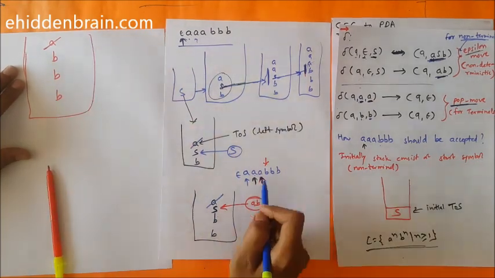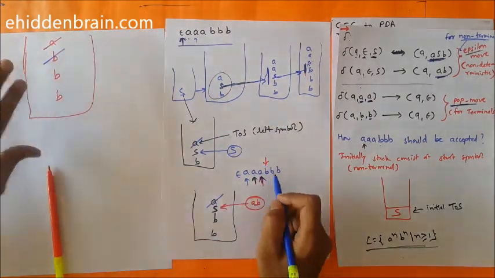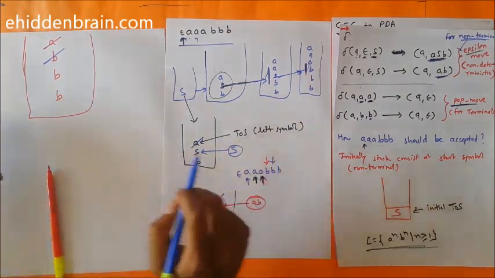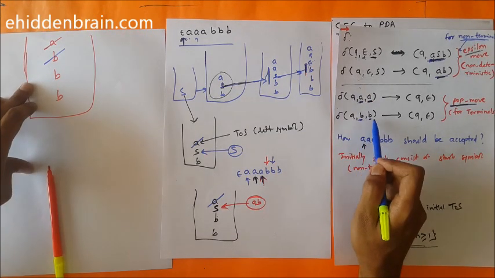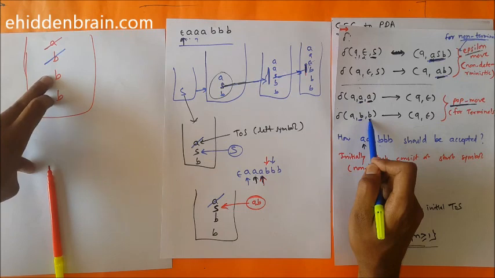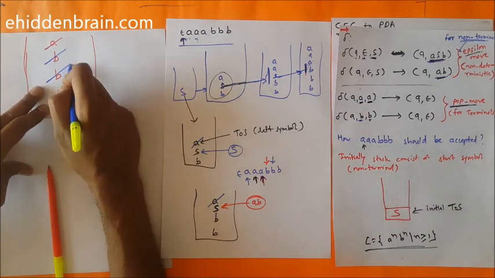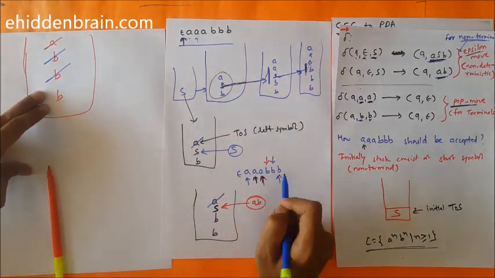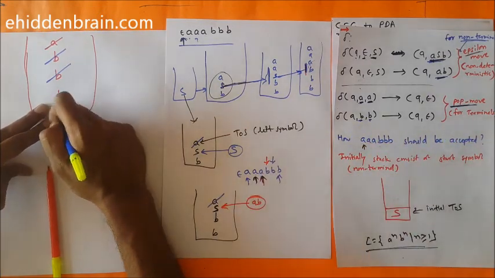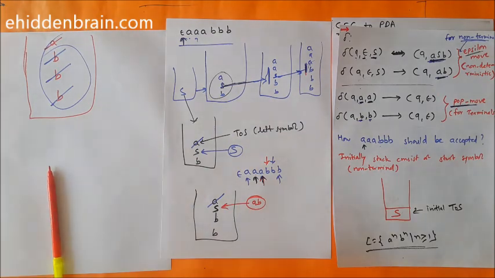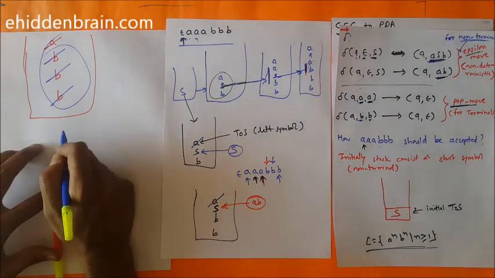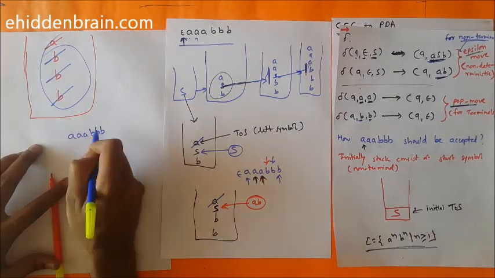So for this B, this will be popped, and the pointer goes to the next B, the second B. Similarly, again I will use this transition function for this B. What is the top of the stack? Again B is the top of the stack, and I will pop this out, and now the pointer goes to the last B. The same move will be used, and this will be popped out, and now you can see this stack is empty. There is nothing in the stack, and hence AABB is accepted.